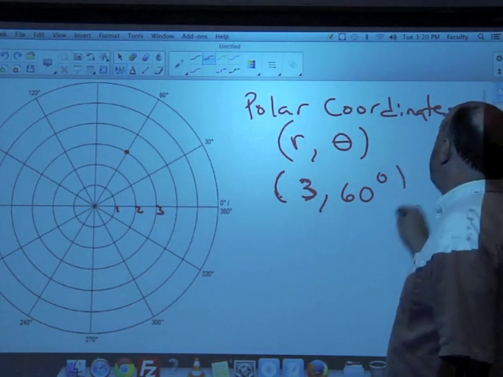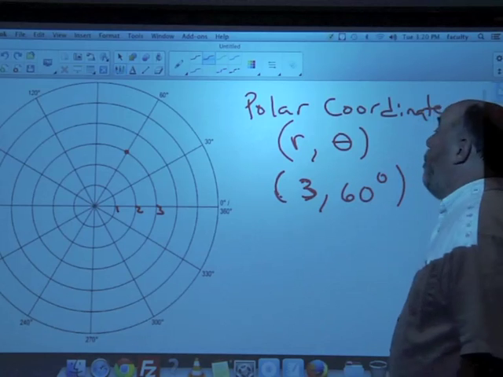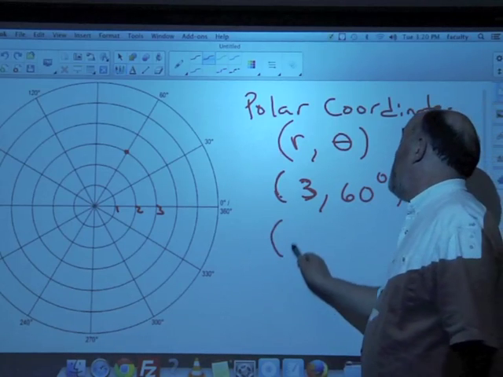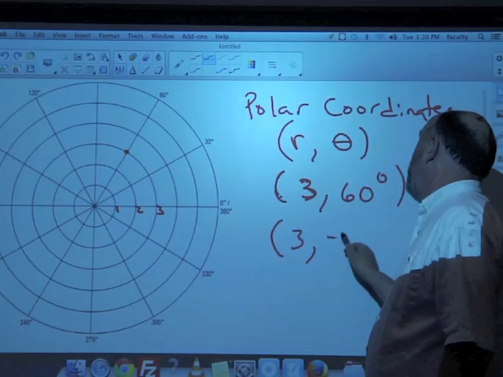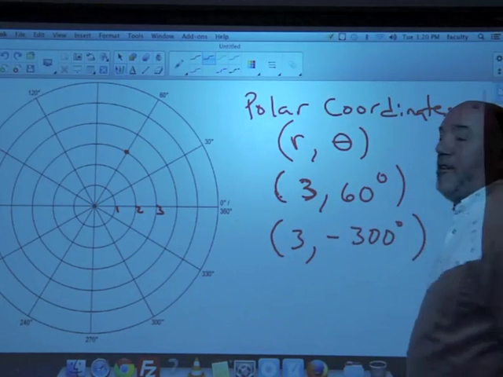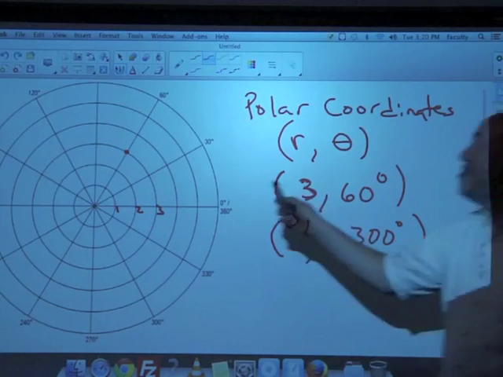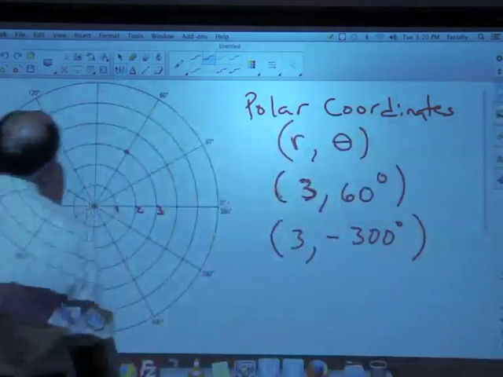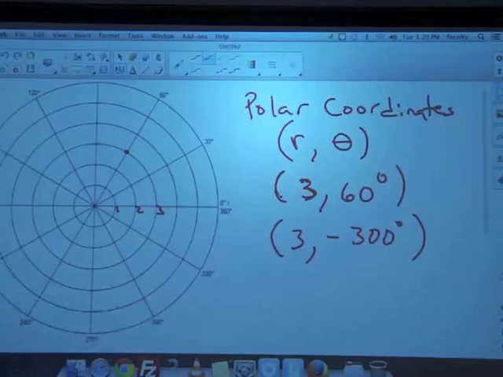Now 3, 360 degrees would also be the same thing as saying 3, negative 300 degrees. Because after all, going this way is positive, going this way is negative, and if I go 3, negative 300, I end up at exactly the same point.